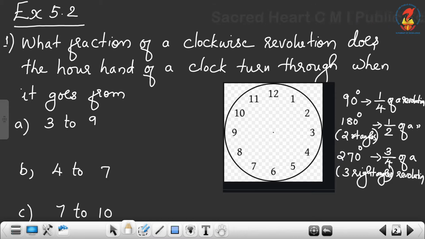Now first of all, we have to find out the angle turned. Now the hour hand starts at 3 and reaches 9, and the movement is in the clockwise direction.